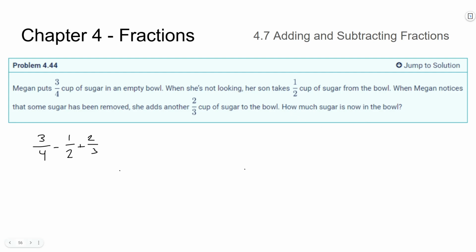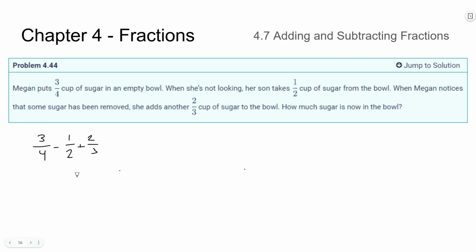Okay, so we can do this a couple different ways. We can do this one step at a time. We can do 3/4 minus 2/4 would give us 1/4 plus 2/3. We can do it that way, or we can just find a common denominator from the start.